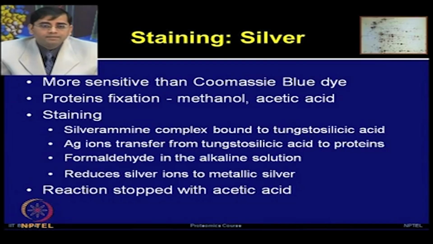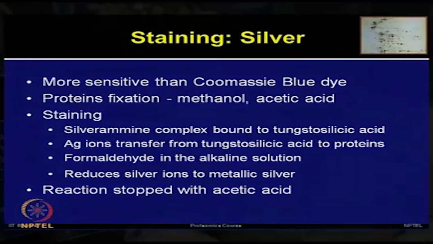The silver ions are transferred from the tungstosilicic acid to the proteins. Now, by providing alkaline solution with formaldehyde, it can reduce the silver ions to the metallic silver form, and the brownish tinge you can see on the spot, which can be further analyzed.